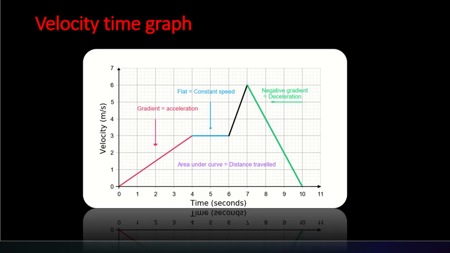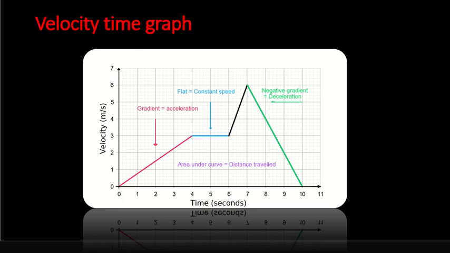And then moving on to velocity time graphs. In this graph, velocity, as shown in meters per second, is on the y-axis, and time, just in seconds, is on the x-axis. The first pink line, as shown, is acceleration, as the velocity is increasing proportionate to the time, making that line go upwards, which means acceleration.